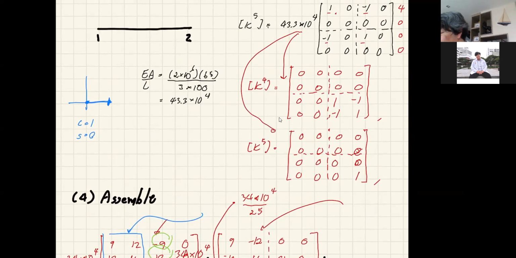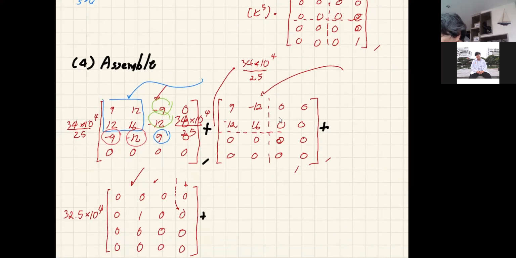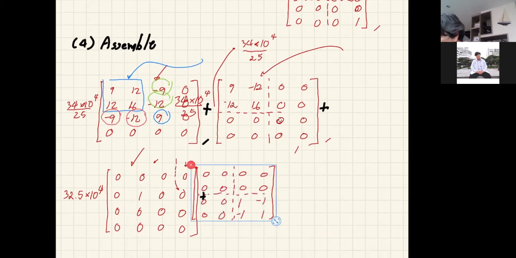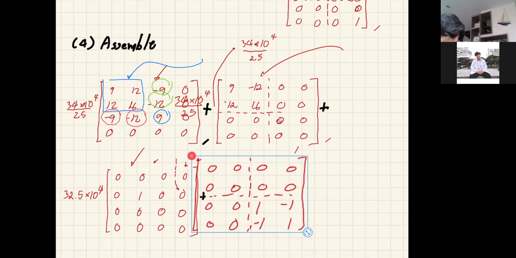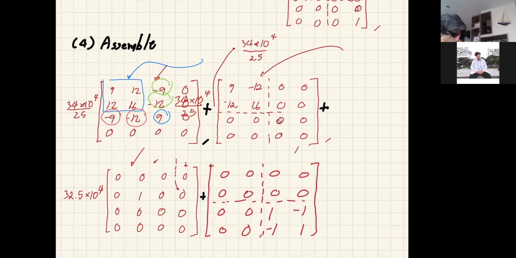Oh, actually I have it, so I can do that again. Copy, paste, kind of small, expand that a little bit. And then plus the last one.